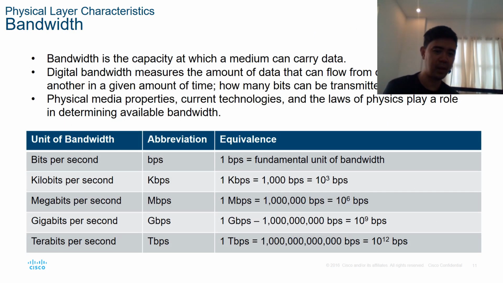Bandwidth defines the rate of transmission, the rate of data transfer, how many bits of information can be transmitted in 1 second. That is how we define bandwidth. Very important in bandwidth is the unit of measurement. It is expressed in bits per second.